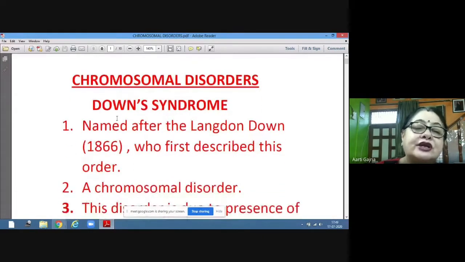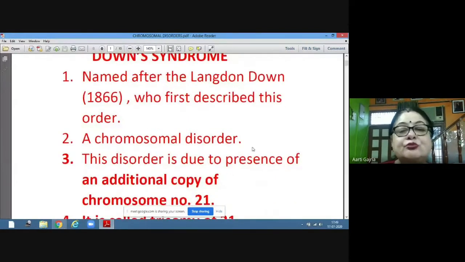The first disorder is Down syndrome, and it got its name after Langdon Down in 1866. He was the scientist who first reported and described this disorder, which is present in human beings, and it is a chromosomal disorder.